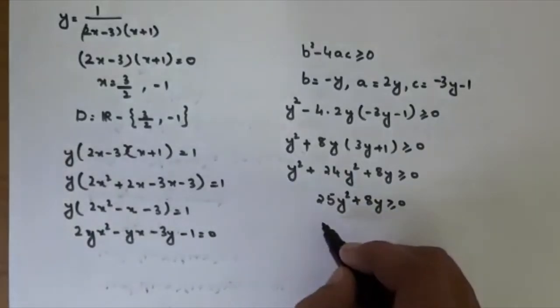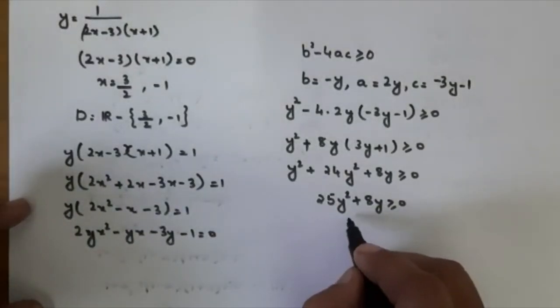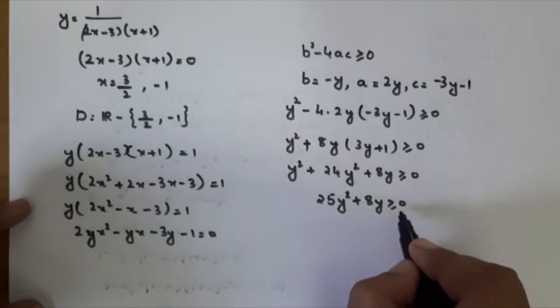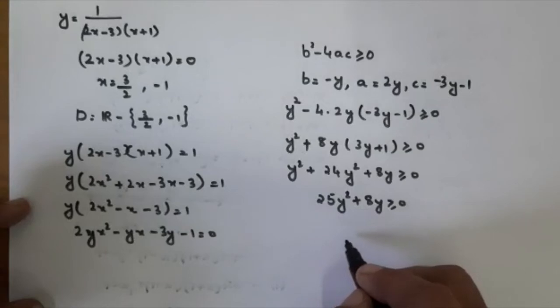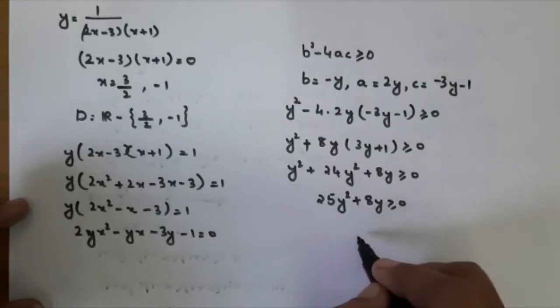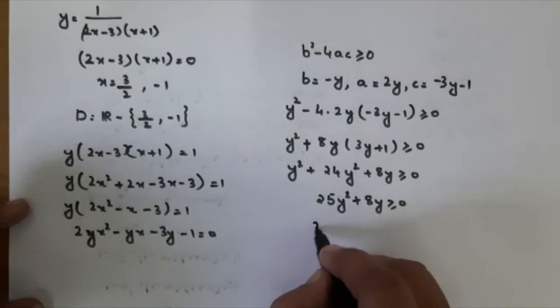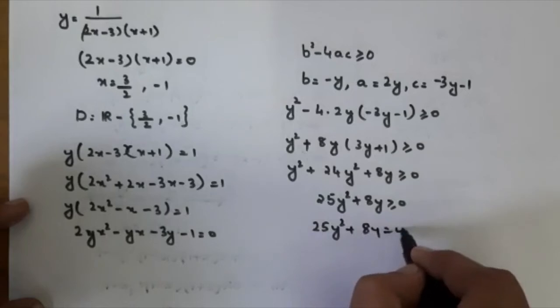That is, we want the values of y satisfying this inequality, 25y square plus 8y greater than or equal to 0. As in the last case, we can find out the values of y satisfying this inequality by considering the roots of the respective equation 25y square plus 8y equal to 0.